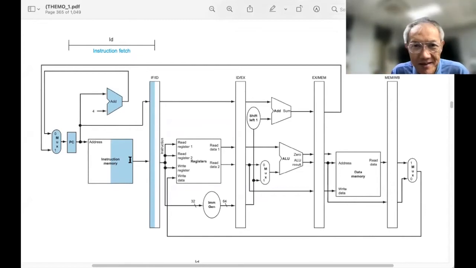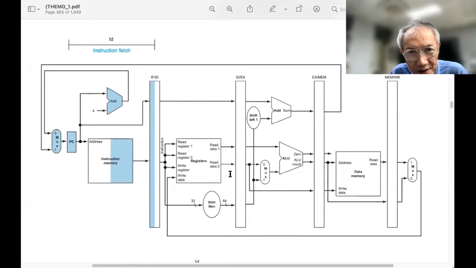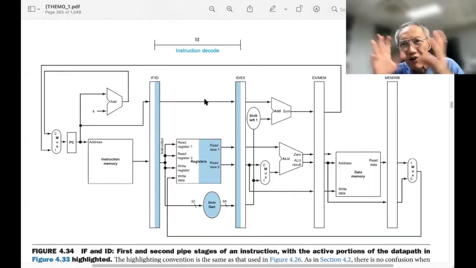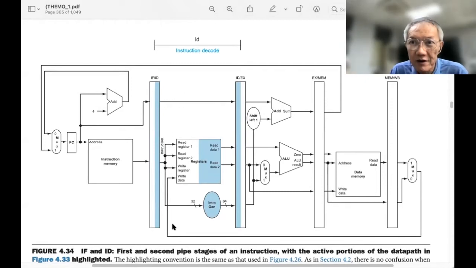You can imagine the next phase will go to this area. In the next clock, so to speak, we read information from the pipeline register, because all these wires already have valid values for the instruction that we are executing.